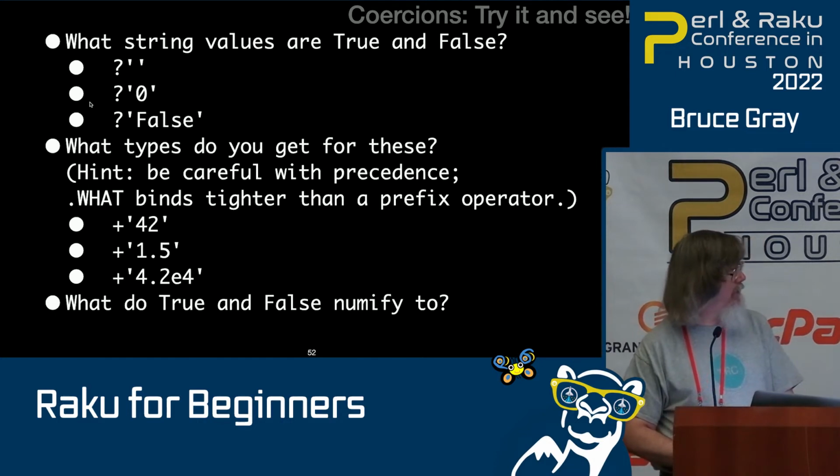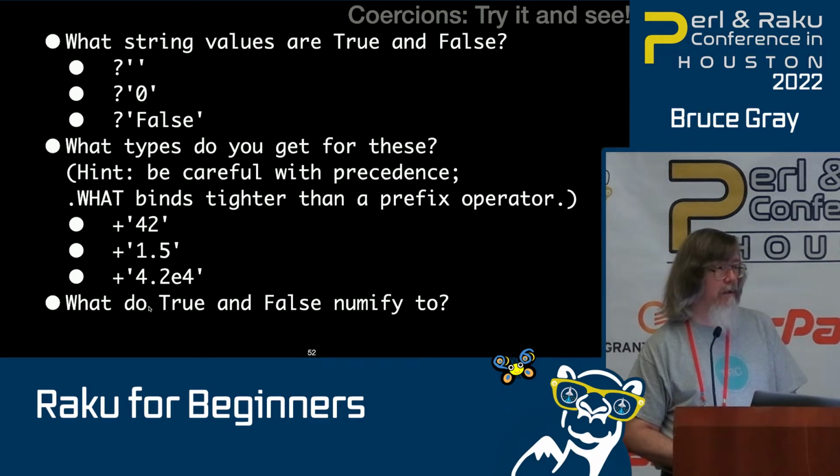Okay, quickly, what types did we get for this one? Int. 1.5. No, don't tell me what it should be. Tell me what you got. Int, rat, and num. How about, pardon? Why isn't it float?